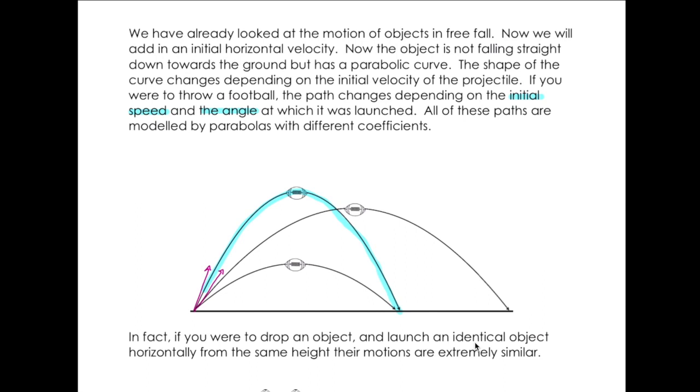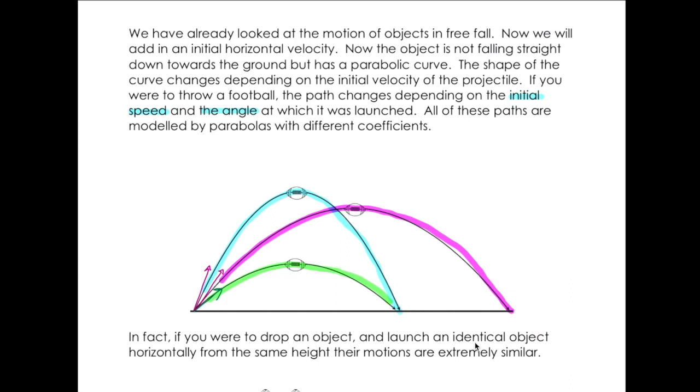Even though we throw it with the same initial velocity, the second one travels further because it is at a lower launch angle. And then you'll notice that the last one goes the same distance even though it's a lower angle, and this is just because this one has a smaller initial velocity.